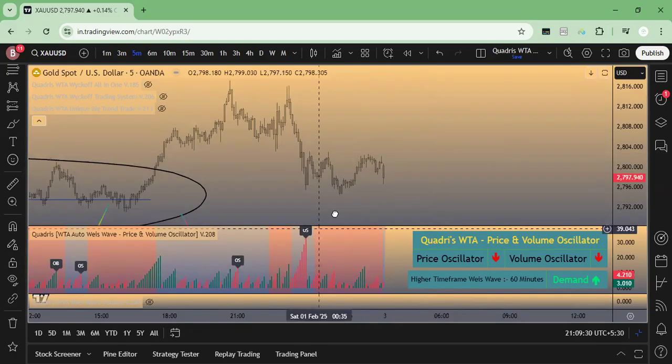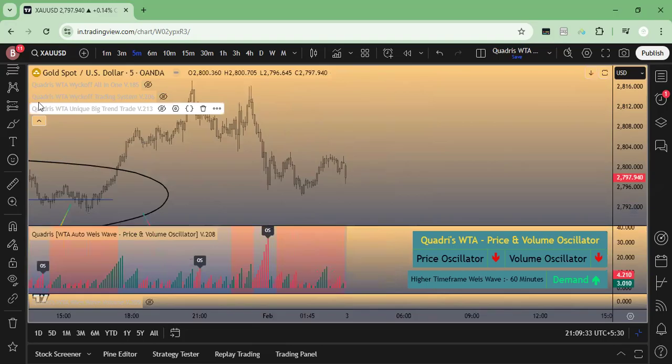So now, how to use these things together. First thing first, you see your price oscillator is selling, and your higher time frame, whichever you're applying, is showing a selling signal, for example, and you're getting a blue, fuchsia or pink background, and then you're observing price moving downwards.